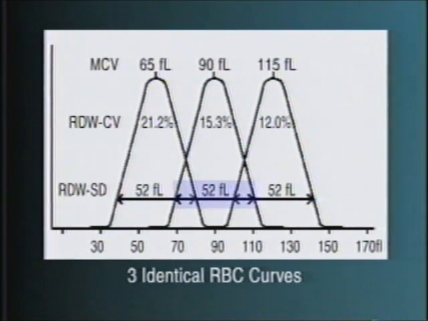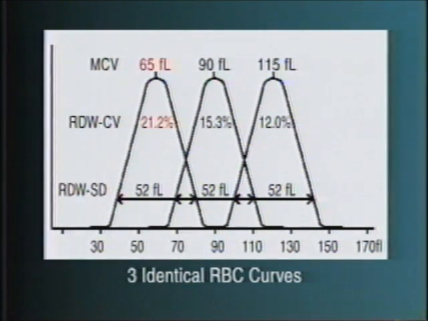You will notice the RDW-SD measurements are all the same, 52 femtoliters, because the curves are identical, and when we measure the width of the curve, we will get the same measurements. The RDW-CVs, however, are drastically different. They vary from 12% to 21.2%. This variance is due to the wide variance we have in the MCVs of these three red cell curves.